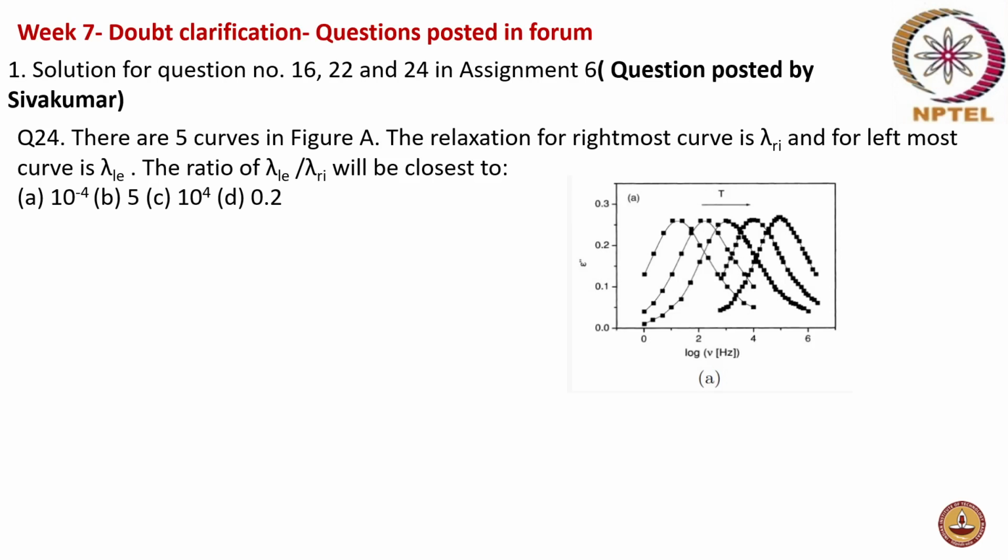So here again, it is inverse proportionality. So obviously, your relaxation time for the rightmost will be of the order of 10 power minus 5, and for the leftmost it will be 10 power minus 1. So your lambda leftmost by lambda rightmost will be 10 power minus 1 by 10 power minus 5. So what will be the ratio?